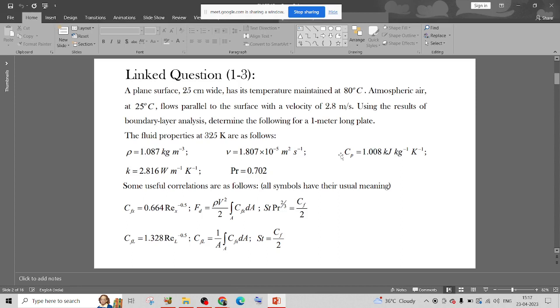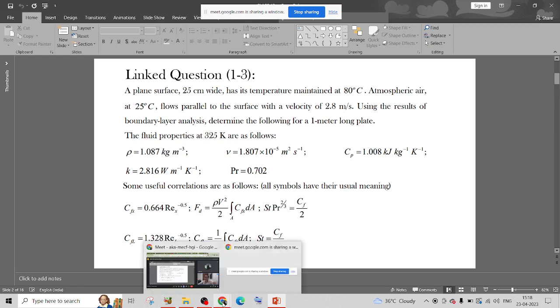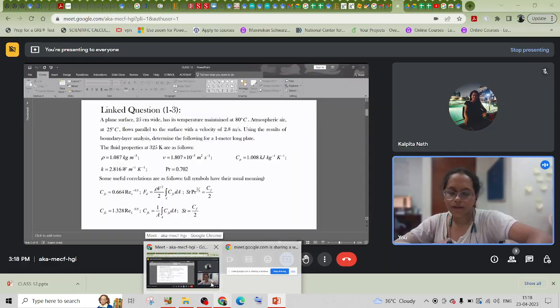First, by finding out the Reynolds number, you can understand which equation you will use, and what will be the total skin friction coefficient, that is, the average skin friction coefficient. The equations are already given here, so you can use them for the calculation. I'll give you 2 minutes for solving this, and then we'll proceed to the solution itself.